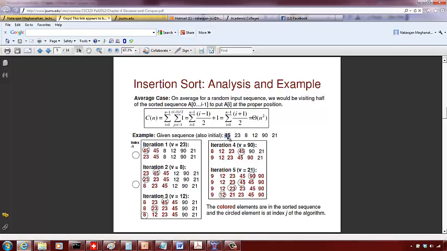So 45 has to be moved to the right by at least one position, and that's what we are going to do here.